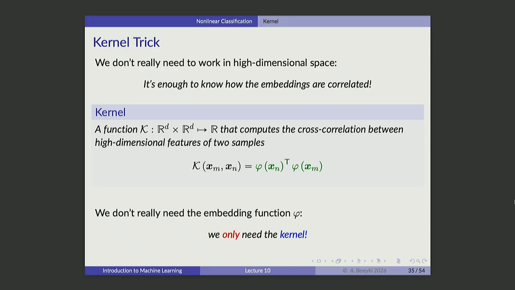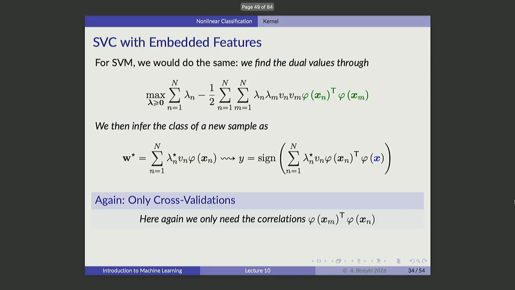Questions? Kernel just takes 2 samples, 2 data points. It could be samples from your data set, or it could be a new point. When you want to do the classification on a new data point, you need to compute the kernel between your support vectors and the new point.